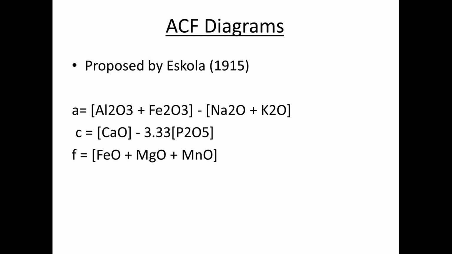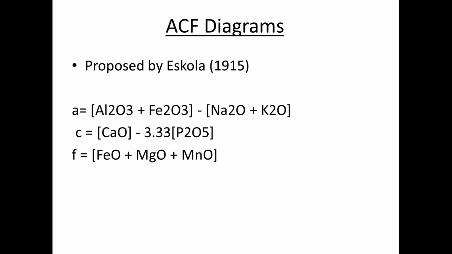We are interested in the amount of Al2O3 left over after it has combined with Na2O and K2O. So, at first look, it may seem that we are subtracting the amount of Na2O and K2O from Al2O3, but in reality, we are subtracting the amount of Al2O3 that is associated with Na2O and K2O, so that we can get the remaining amount of Al2O3 that is present in excess.